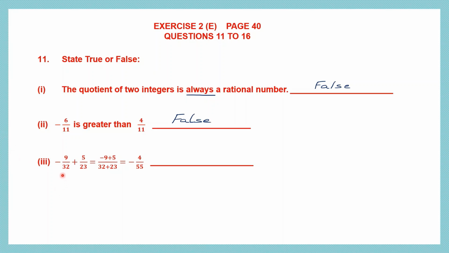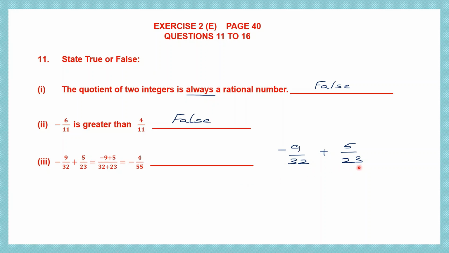Question 3. Minus 9 by 32 plus 5 by 23 is equal to minus 9 plus 5, and in the denominator 32 plus 23, and they added up both and they got 4 by 55. Let's see if this is true or false. Suppose I take the same numbers, minus 9 by 32, and I add 5 by 23. Since these are unlike rational numbers, can you see the denominators are different?